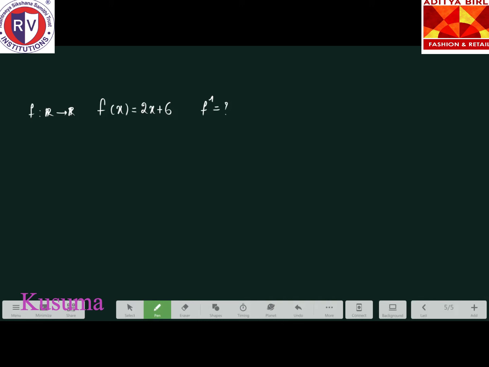Here, since the function is bijective, f inverse exists, that is, for any x belongs to R, there exists y which belongs to R itself, since the codomain is R, such that f of x is equal to y.